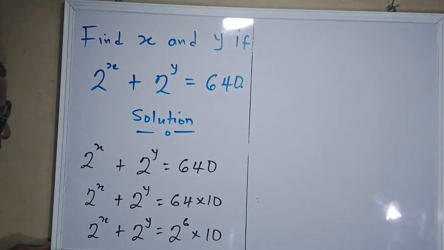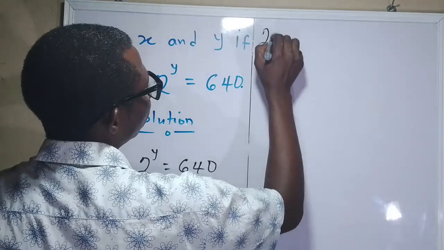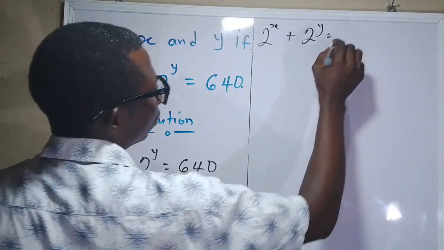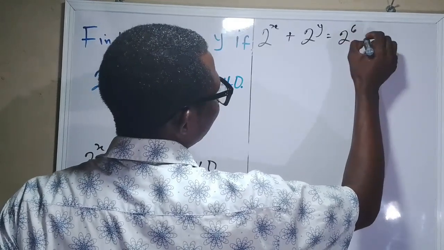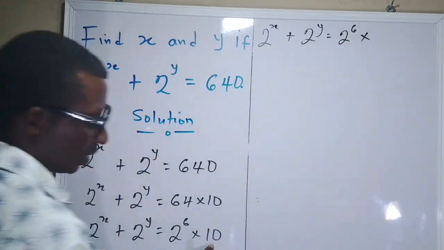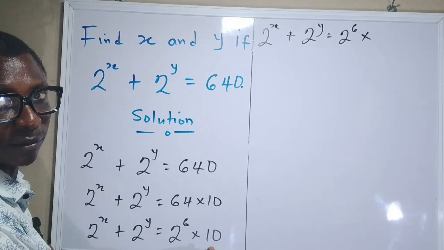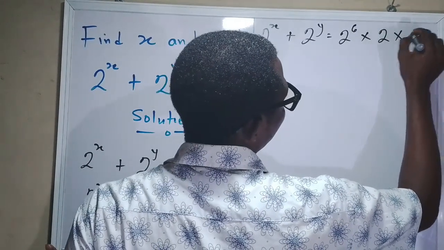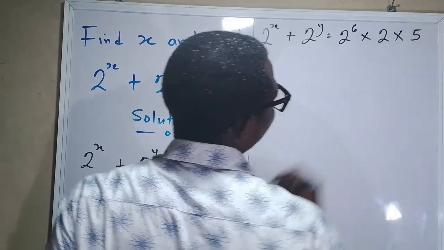Now this 10 is 5 times 2. So 5 times 2, 2 times 5, okay?